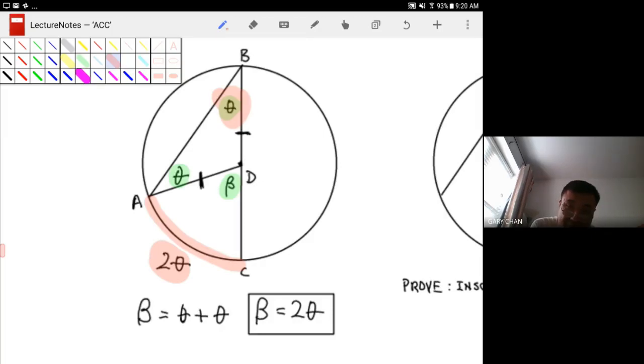Salcon will go over something similar, but this is an enrichment problem that I feel like every geometry student should go through and experience. So again, the intercepted arc is going to be double that of the inscribed angle. Pretty cool.